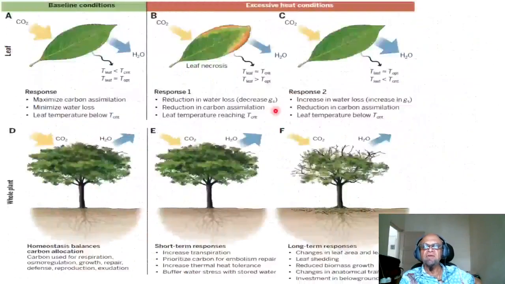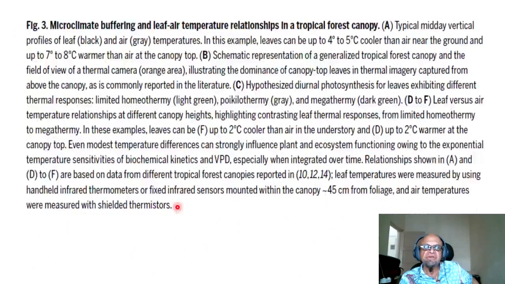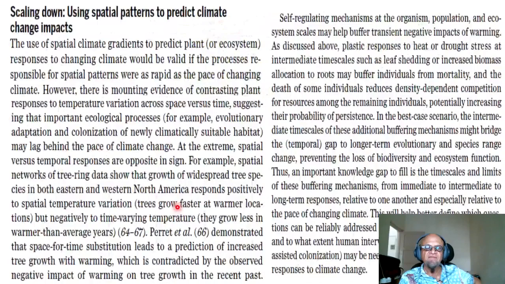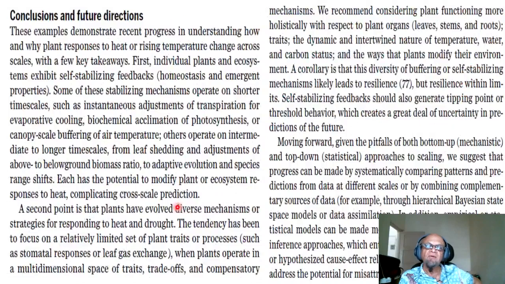So here we looked at reduction in water loss. So we are talking about respiration here, or increase in water loss when the leaf level responses happen, and there are tree level responses as well, right? But respiration is hardly mentioned in general, because most of the focus tends to be on photosynthesis.